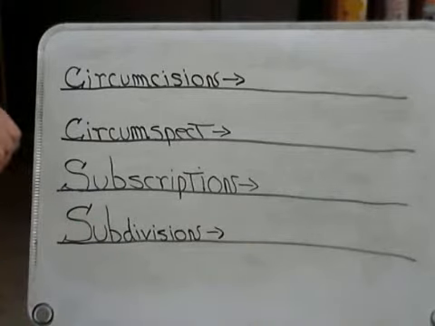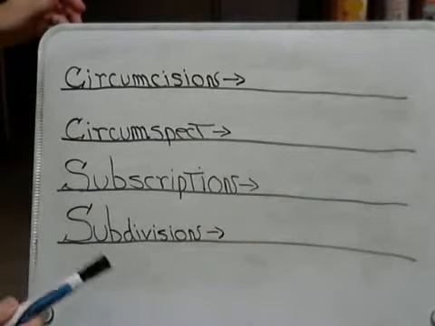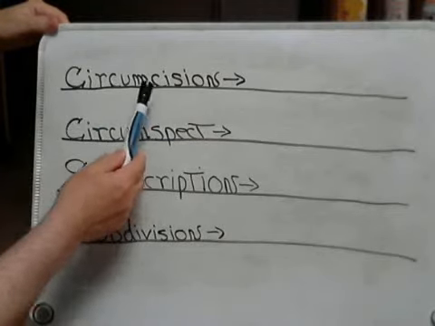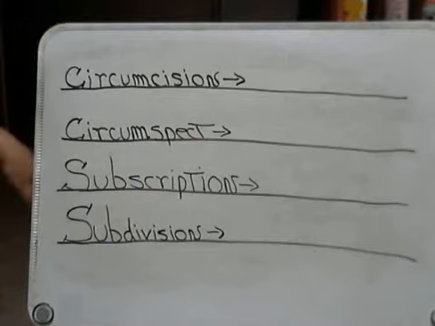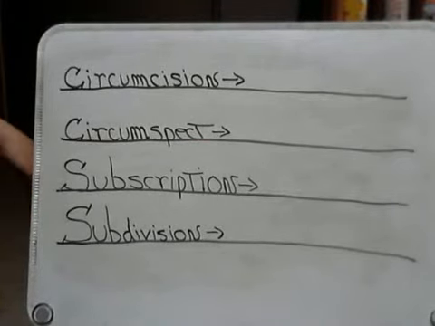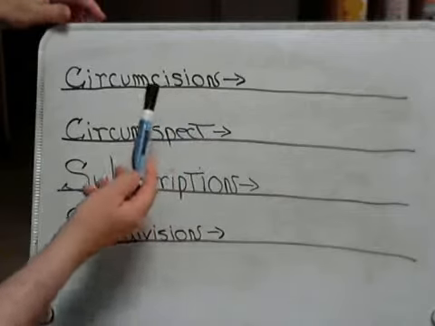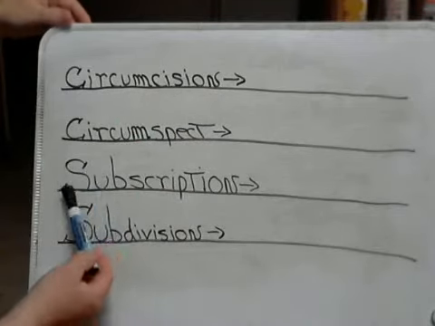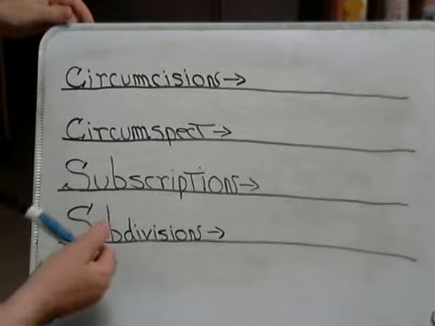If you notice here, and we're going to get to the alphabet of I in just a moment, in these words, these first two words start with circum. The Gregg Shorthand author, John Robert Gregg, saw that in our English language there were a lot of words that started with circum and also a lot of words that start with sub.